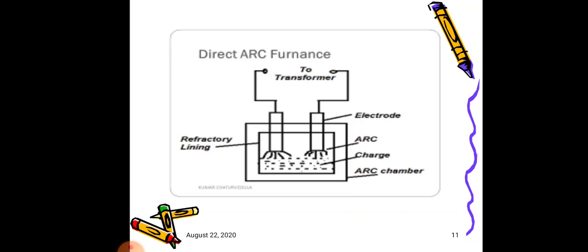When the current passes through the body of the charge, then the arc will be generated. Such a furnace produces very high temperatures, and this is the single phase direct arc furnace.